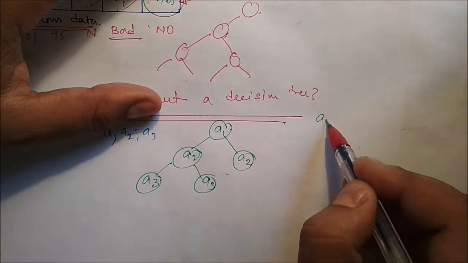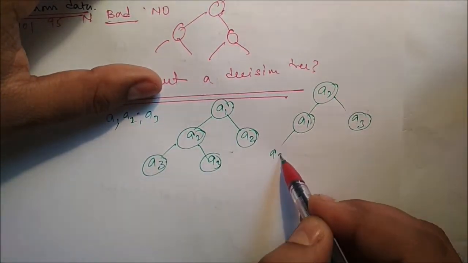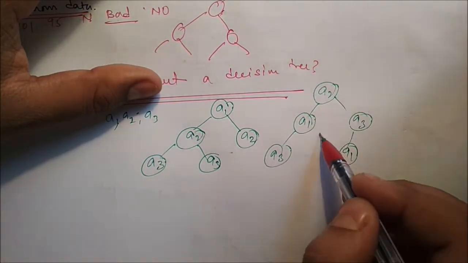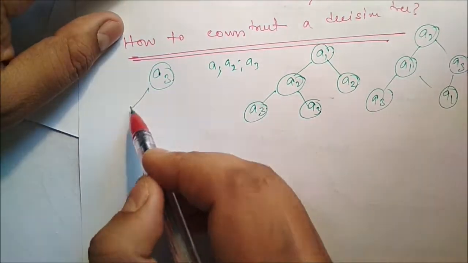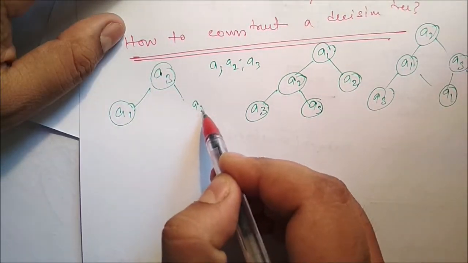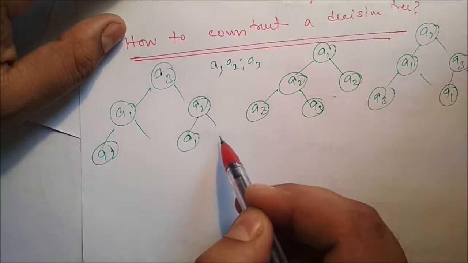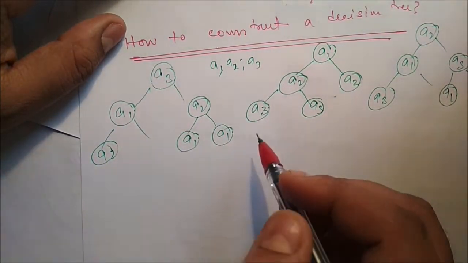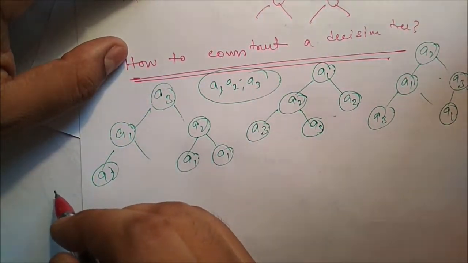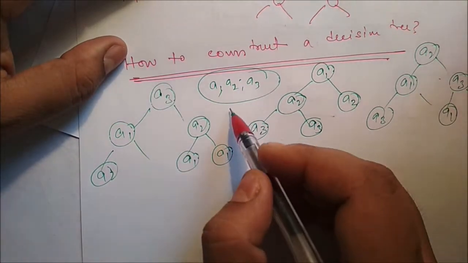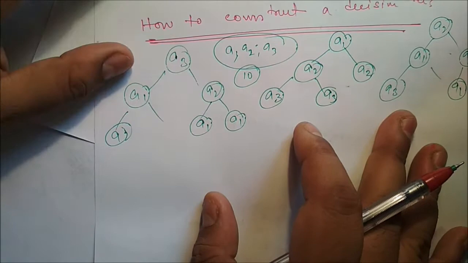Similarly, we can start with A2, then use A1 and A3. Similarly, starting from A3, we can use A1, A2, or A2, A1. With only 3 attributes we can construct 3 trees or more. If there are say 10 attributes, you can imagine how many trees we can construct.